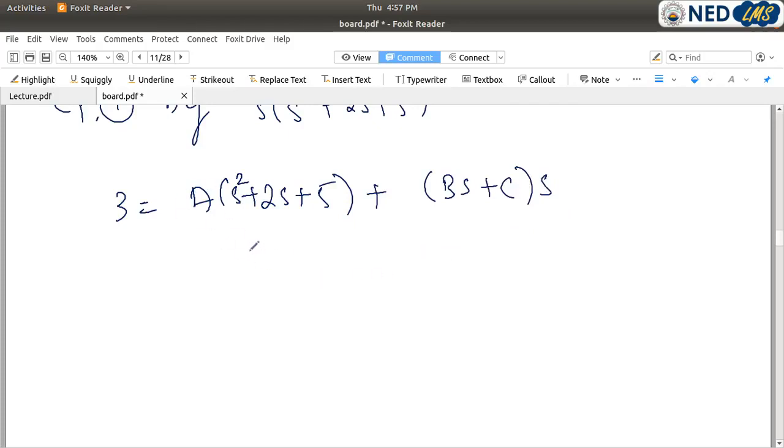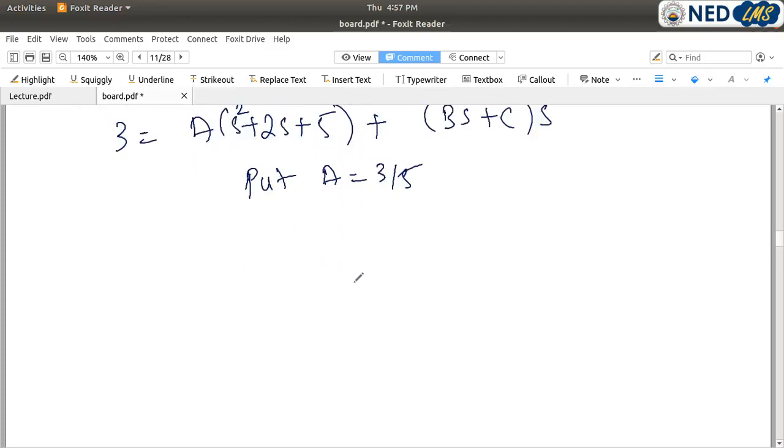Put a is equals to 3 by 5, as we have evaluated the value of a.